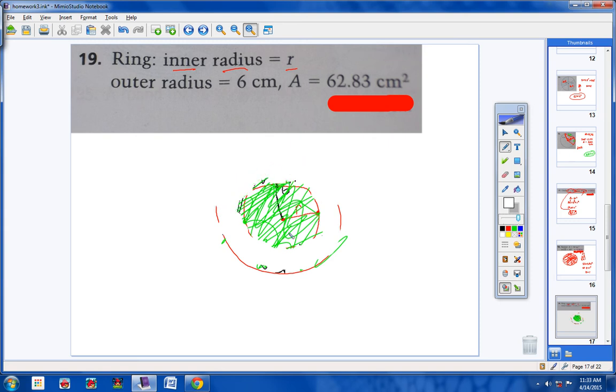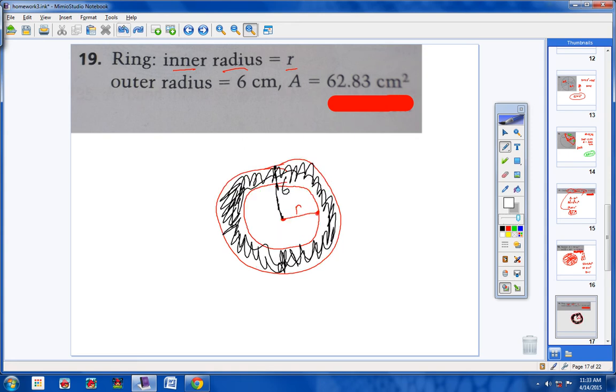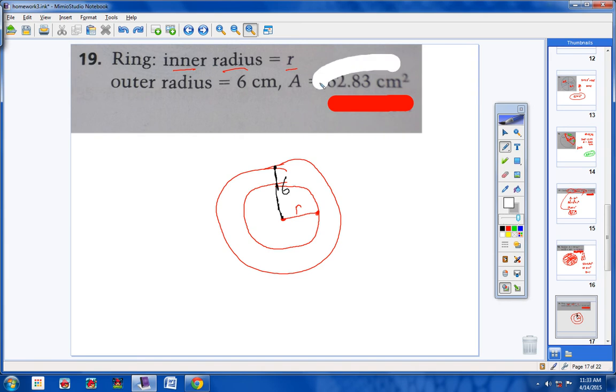This inner circle. And at the very beginning of the problem, I told you that's our goal. If we can find the area of this inner circle, then we can find the radius. So, Mr. Earhart, how are we going to find the area of that black ring? They give it to us, guys, right here. Okay, so this outer ring has an area of 62.83.